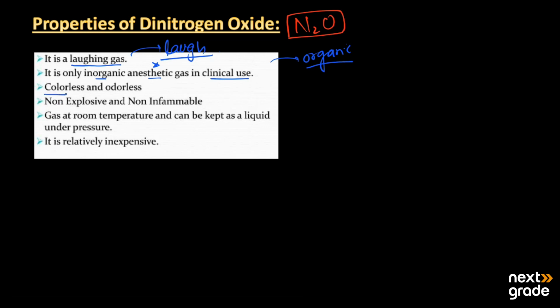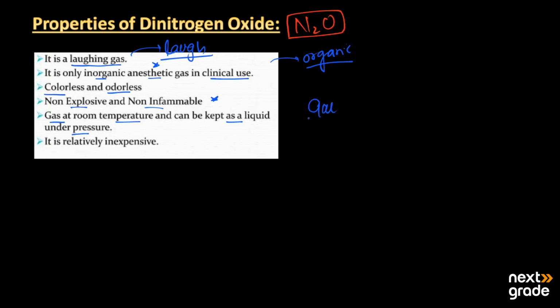Third, it is a colorless and odorless gas, so no one can easily detect whether this gas is present in a specific area or not. The fourth one, it is non-explosive and non-inflammable, which is a very good property. Basically, it is a gas at room temperature and it can be kept as a liquid under pressure.